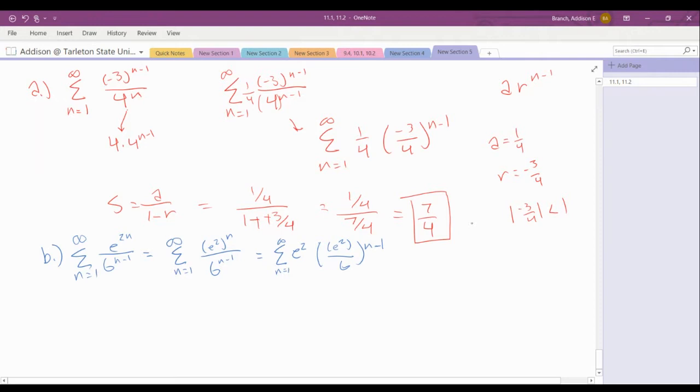So now we have our a is equal to e squared and our r is equal to e squared over 6. Now our r is actually going to be approximately 1.23. R is going to be greater than 1, so therefore this is divergent and we can stop here.